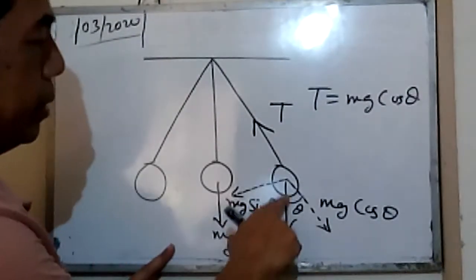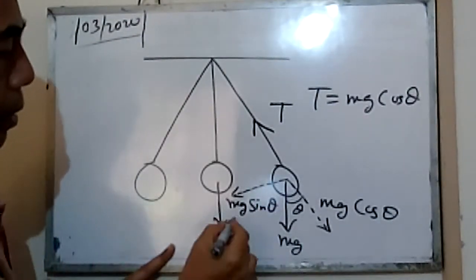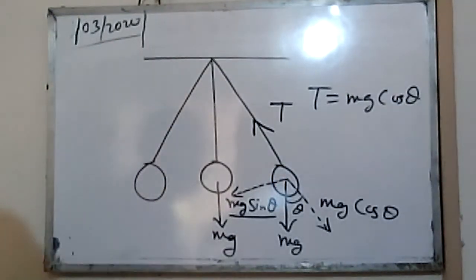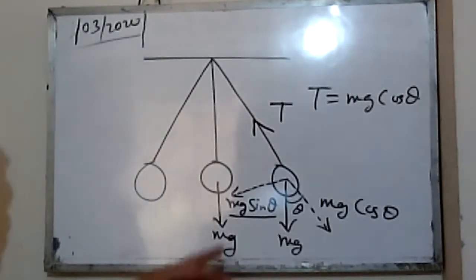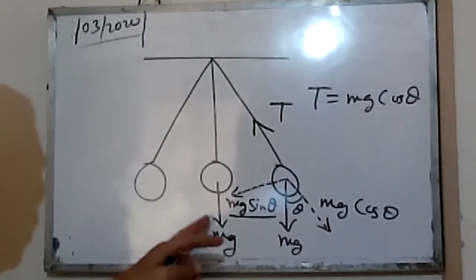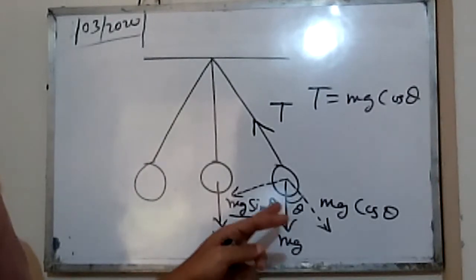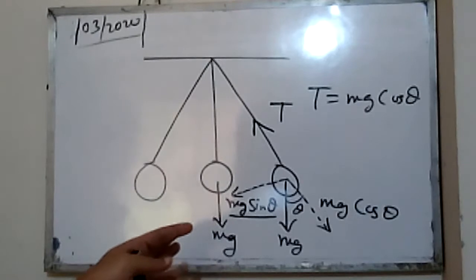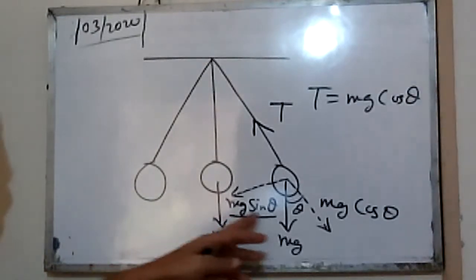Now, mg sin theta actually brings the bob back to its equilibrium position.